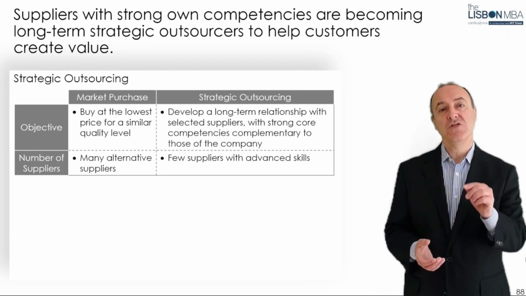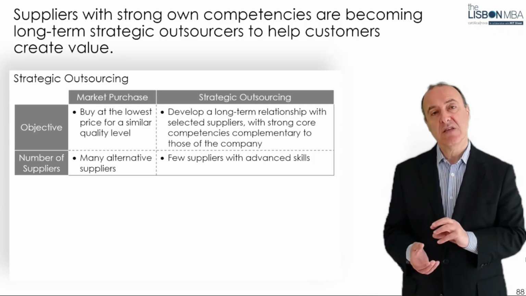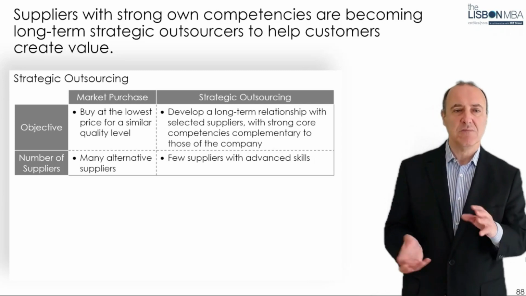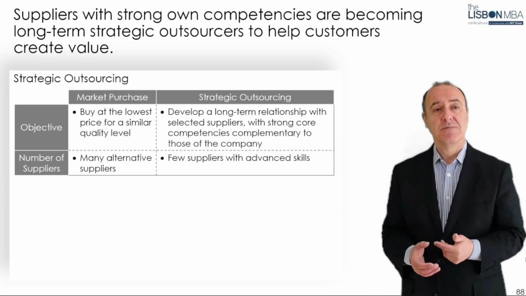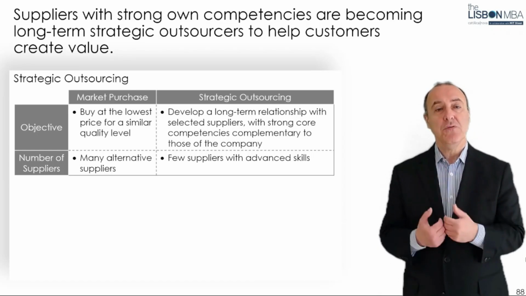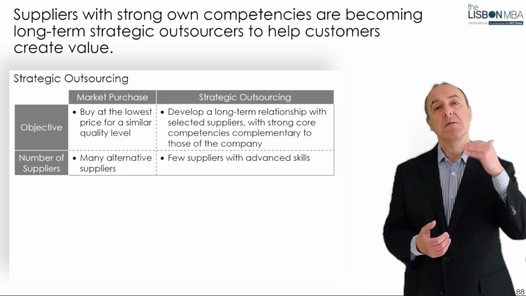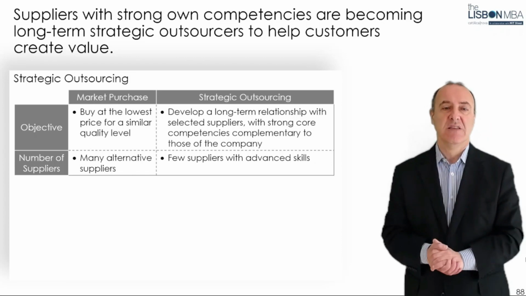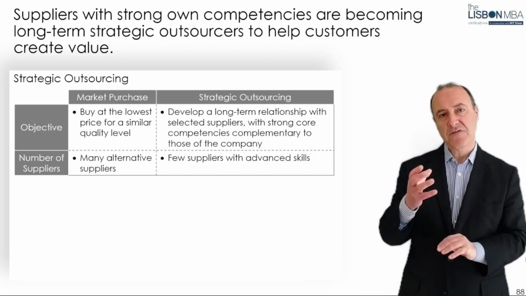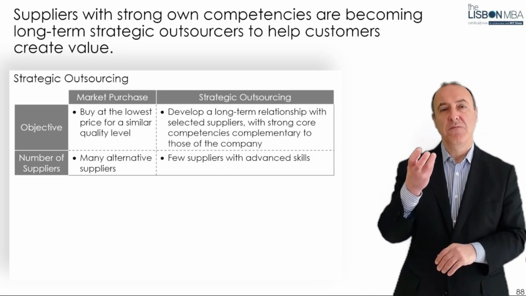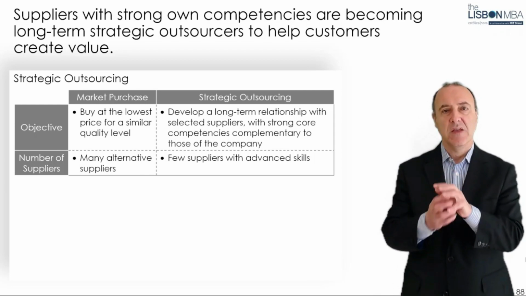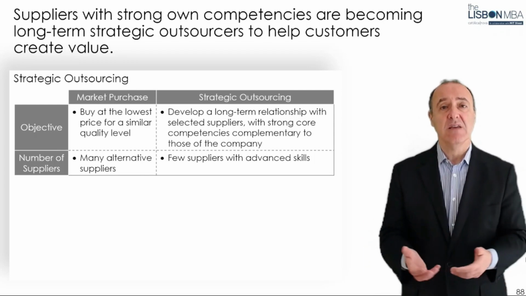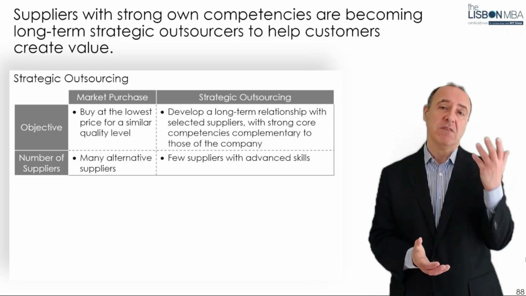But if you want to develop strategic outsourcing, this system has to be changed. You're trying to find some long-term partners that will help you improve the competitiveness of your products and services. So they have to have their own knowledge, their own value creation activities that complement ours. See? And of course, there are not so many strategic outsourcers out there in the market.